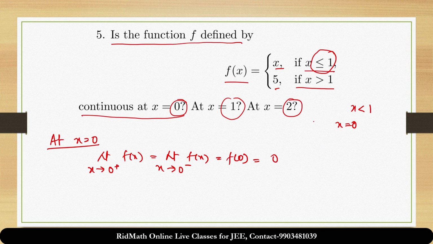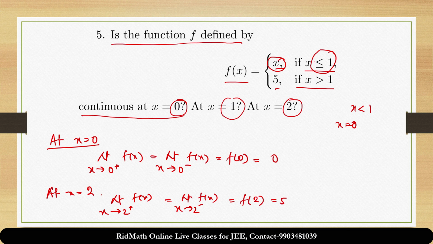So for this, the definition is f(x) equal to x, which means all are equal to x, and x equal to 0, so all are equal to 0. And for x equal to 2 also, limit as x tends to 2 plus of f(x) equals limit as x tends to 2 minus of f(x), and also f(2), all are equal to 5, because for x greater than 1, the definition is f(x) equal to 5. That means for these two, f(x) is continuous. That means f(x) is continuous at x equal to 0 and x equal to 2.